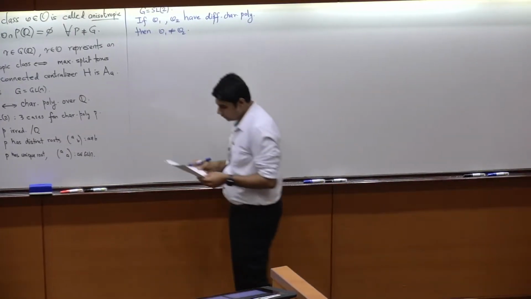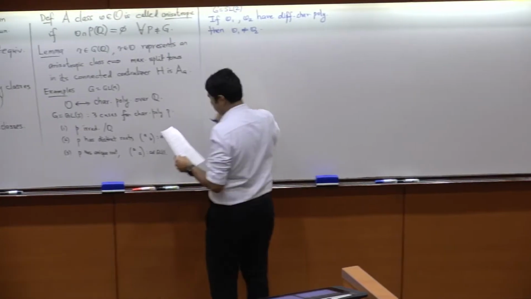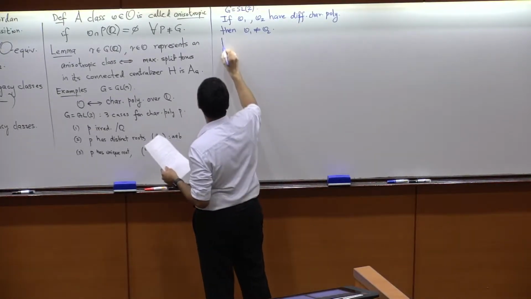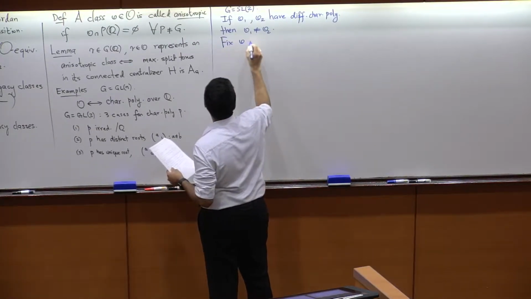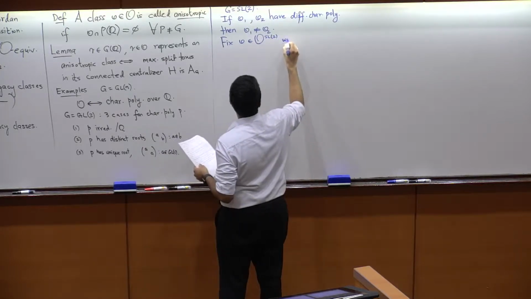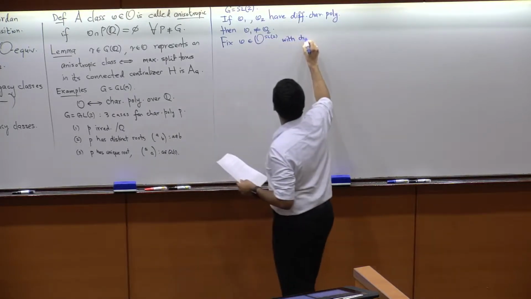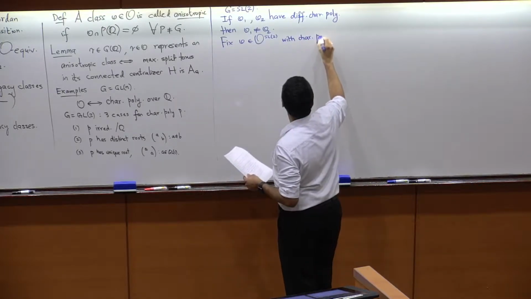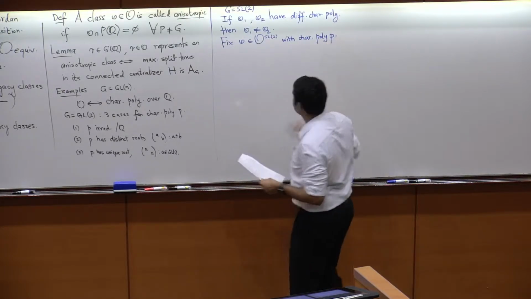But on the other hand, what I'm saying is, fix O in O SL2 with characteristic polynomial P. Okay.